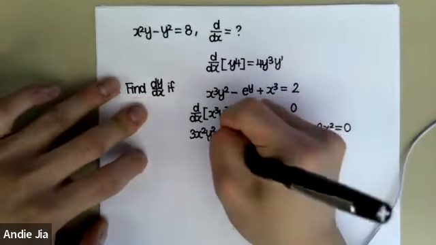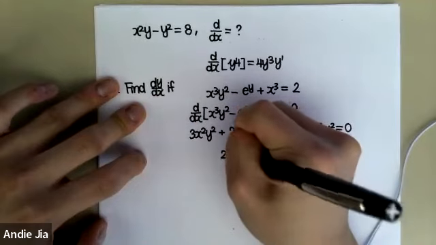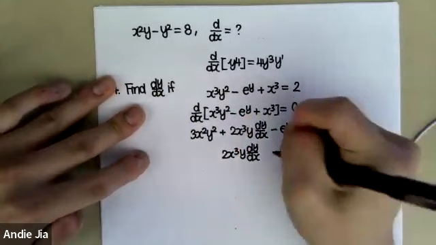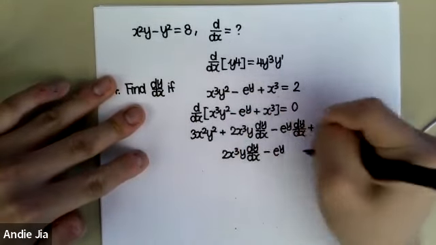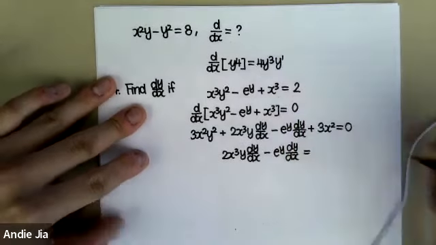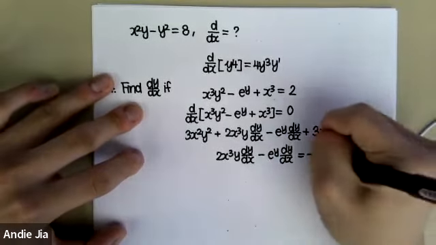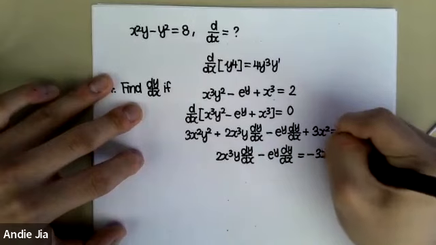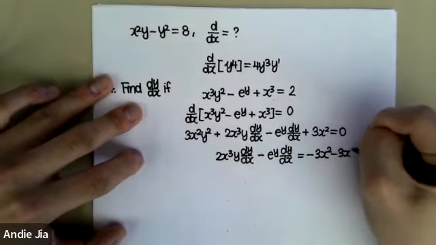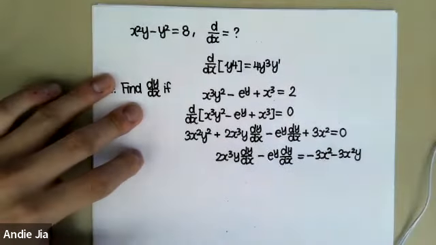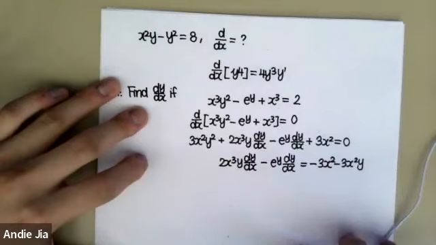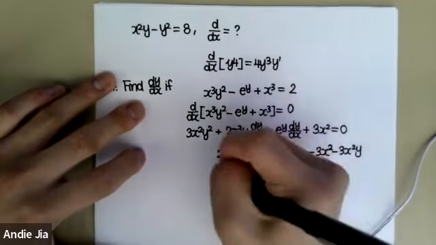So we have 2x cubed y dy/dx minus e to the y dy/dx equal to minus 3x squared minus 3x squared y, and then we just move the terms and do some calculation here.